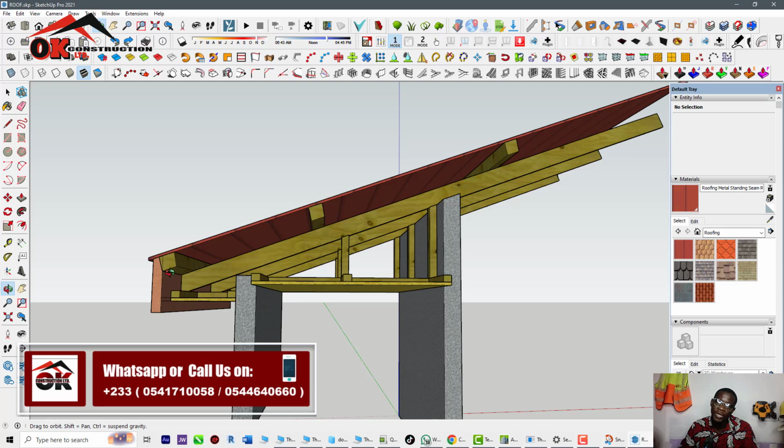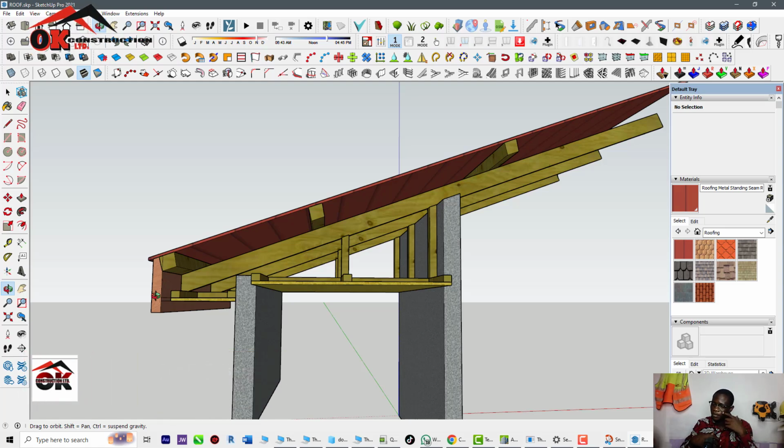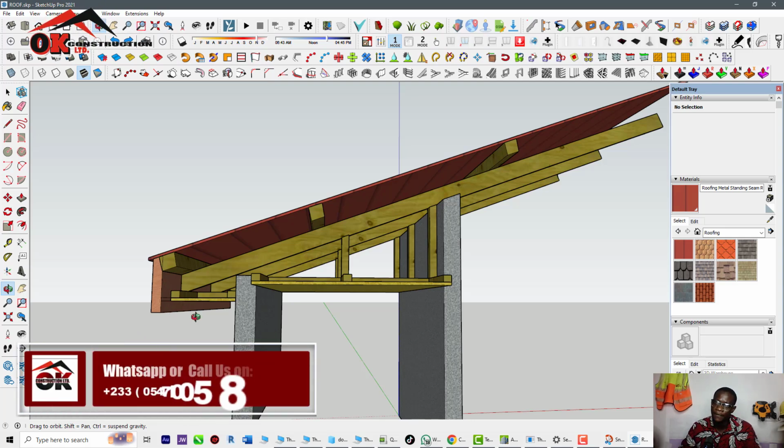Most shed roofs may not need a fascia board, but you still need the fascia board for that particular area.